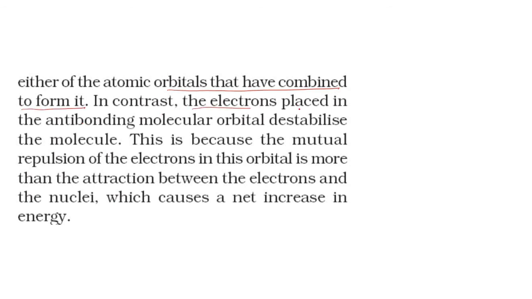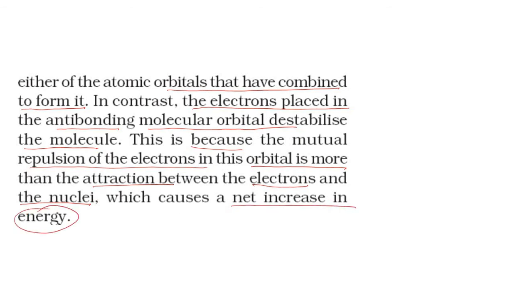In contrast, the electrons placed in anti-bonding molecular orbitals destabilize the molecule. This is because the mutual repulsion of electrons in this orbital is more than the attraction between the electrons and the nuclei, which causes a net increase in the energy. I hope you understood, students.